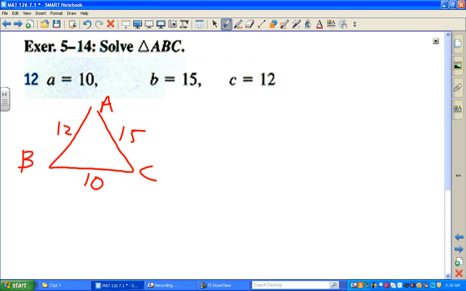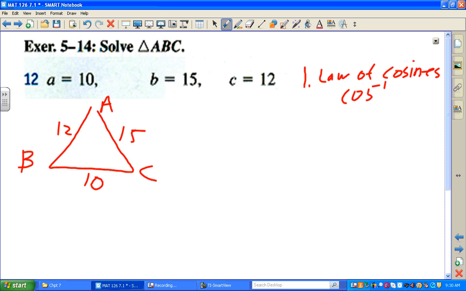On this one, when you're given all three sides, there's two strategies to follow. One that's very sound, very good, one that's okay. The very sound one is, if you're going to use the law of cosines first, and you're going to use the inverse cosine button, you should find the biggest angle.